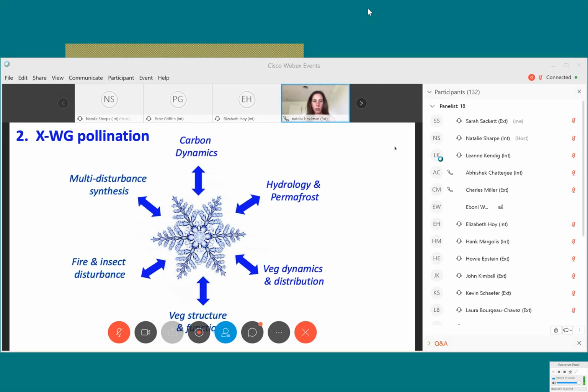So we want to be talking to the carbon, hydrology, veg dynamics, veg structure, fire, and multi-disturbance synthesis groups to not only find out how we can provide them with fit-for-purpose snow products through our snow modeling efforts that can help them advance their science.